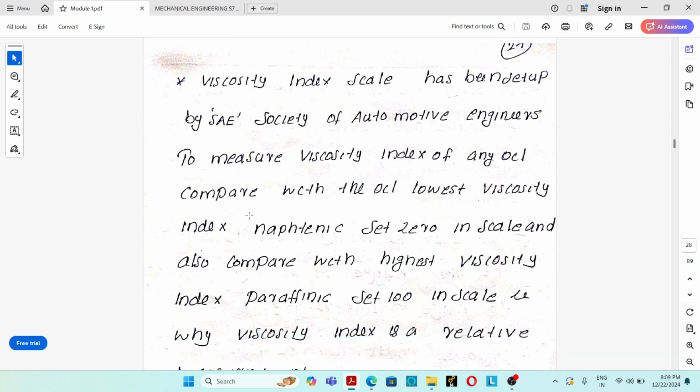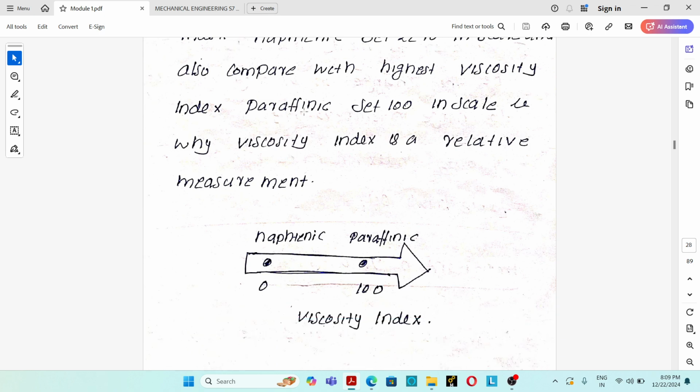So how will you measure the viscosity index? See, viscosity index is actually an arbitrary measure. It is a relative measurement of viscosity of a particular oil with respect to some reference oil. Viscosity index is usually measured by comparing a zero viscosity index fluid, that is naphthenic, and a 100 viscosity index fluid, that is paraffinic.